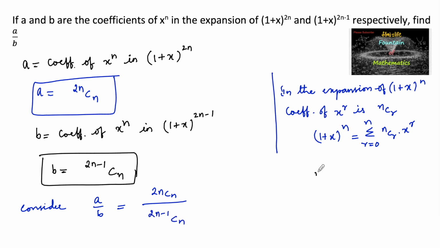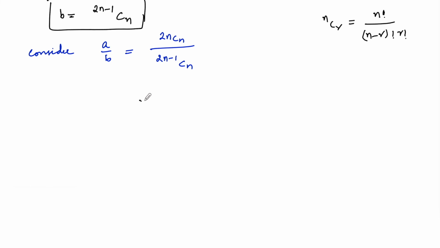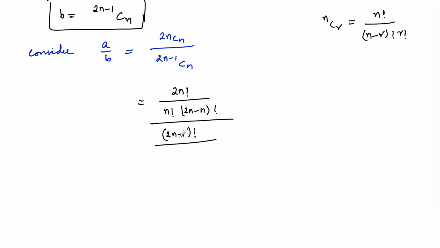Since we know that nCr is equal to n factorial by (n - r) factorial into r factorial, we can write 2nCn as 2n factorial by n factorial into (2n - n) factorial, upon again (2n - 1) factorial upon (2n - 1 - n) factorial into n factorial.